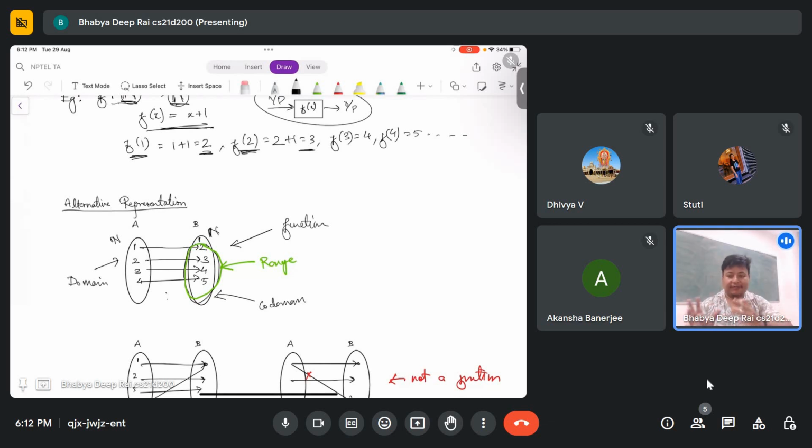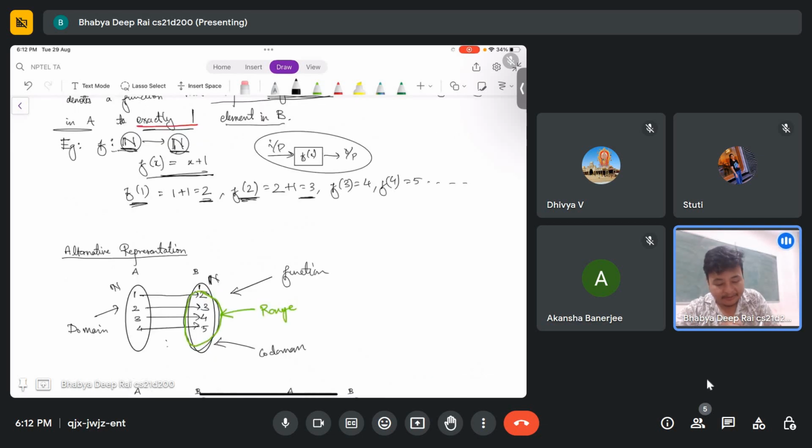So domain is where we take inputs from, and codomain is where we give the outputs to. Or in simpler words, this is the domain, this is the codomain.